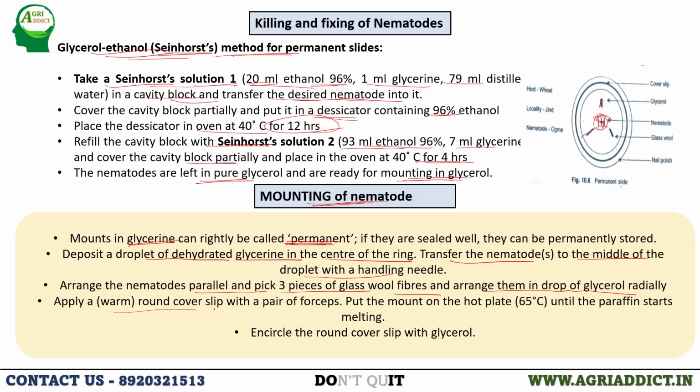Apply a round cover slip with a pair of forceps, closing carefully over the nematodes, and put the mount on a hot plate at about 65 degrees Celsius until the paraffin starts melting. Now encircle the round cover slip with glycerol for making it a permanent mount. You can see here the glycerol, the glass wool fibers, and the nematodes placed at the center of the cover slip.